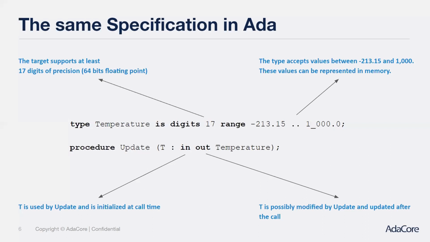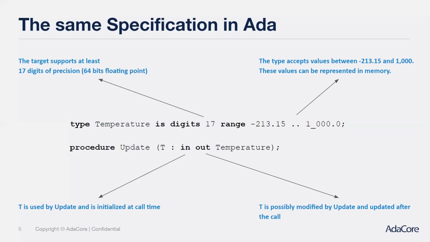On the actual procedure, we call that a subprogram in Ada. We can define the way that that parameter is supposed to be used, the intention. So you see here, I don't have a pointer. What I have is that temperature is a value. Now I know it's a single value, which is in mode in-out, which means that I have a value as input, and that value can be modified by the procedure.